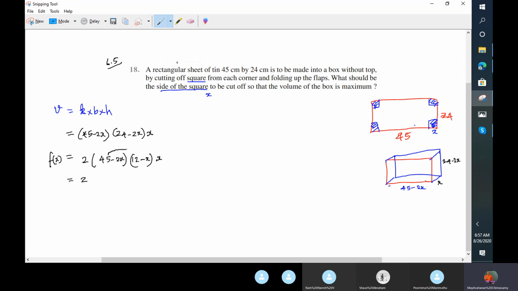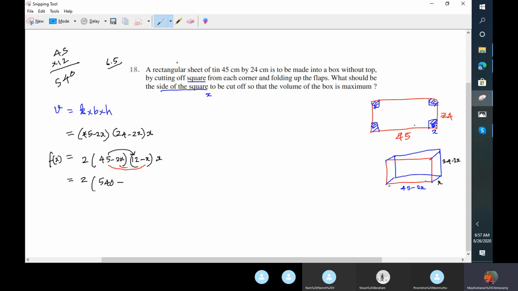So 45 into 12, how much? Multiply 45 into 12: 540. Then minus, now you have to find how many x there are.